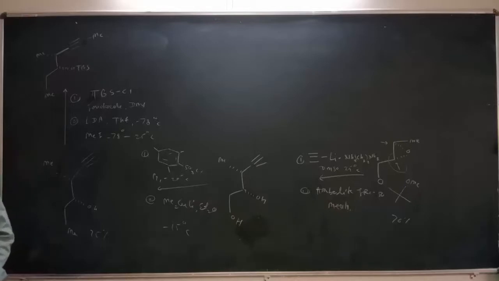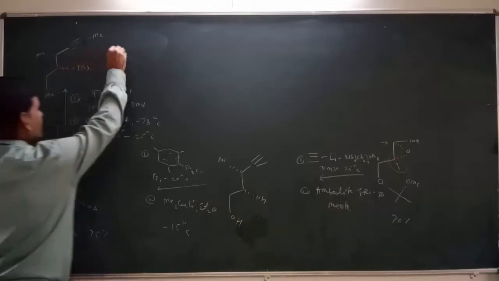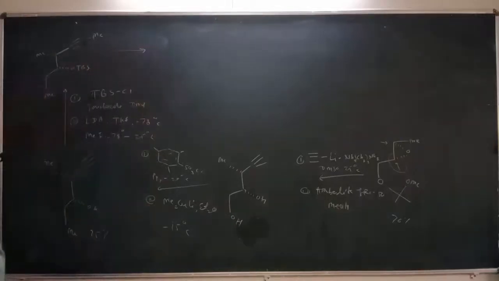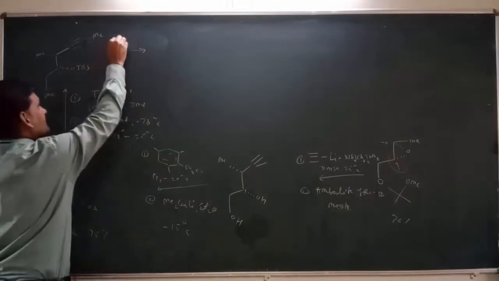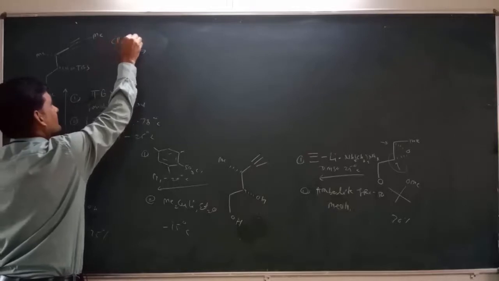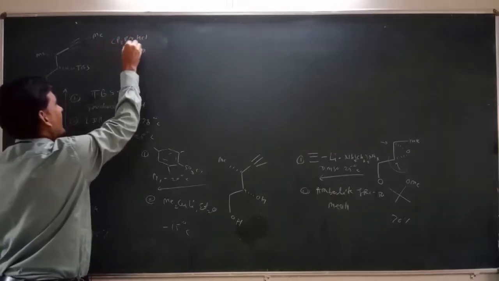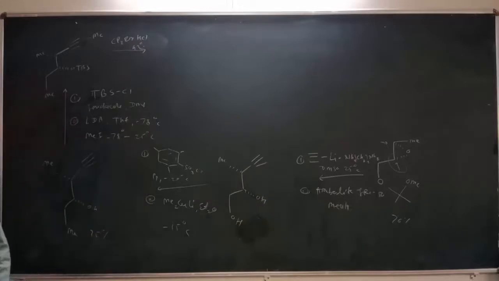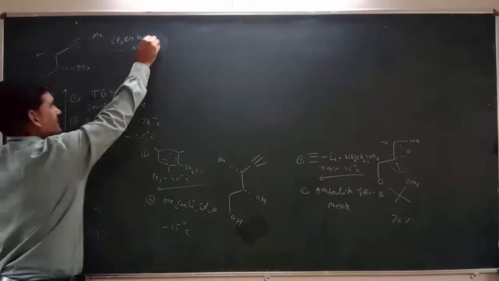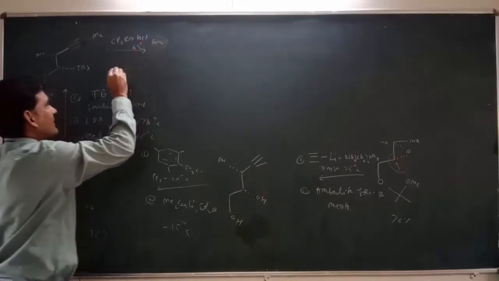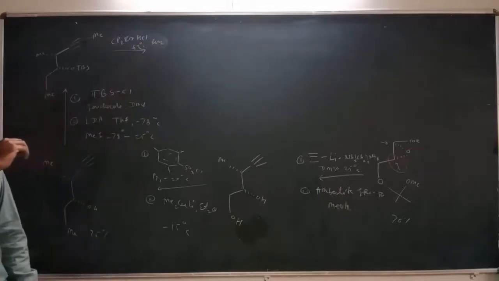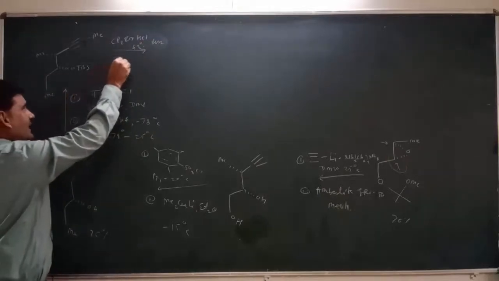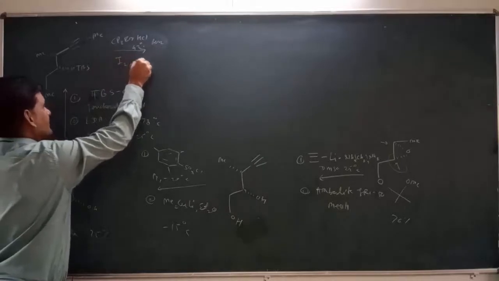Then in a further step, we can reduce this carbon triple bond into the double bond by using zirconocene hydrochloride at 43 degrees Celsius in benzene solvent, and then we are doing iodination by using iodine in presence of CCl4.